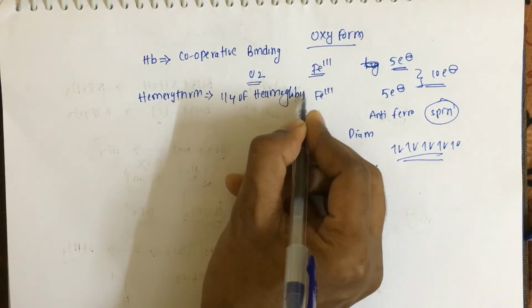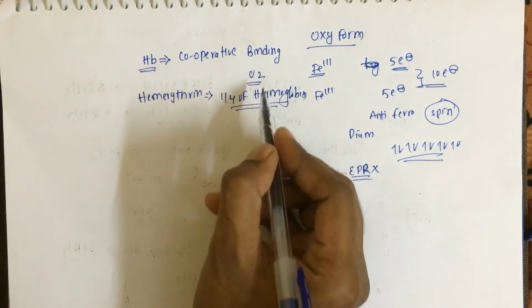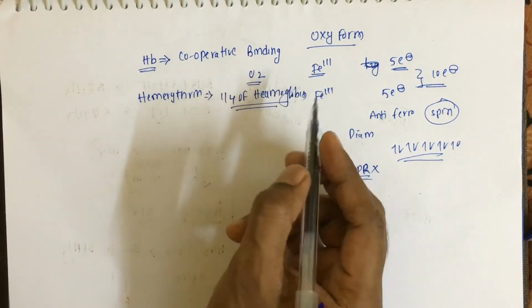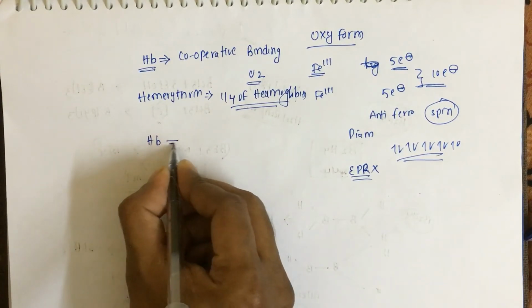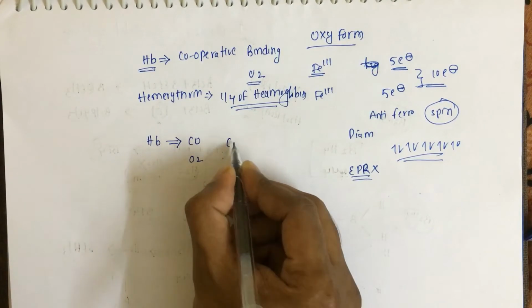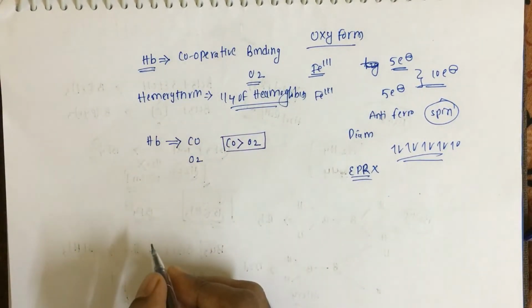The binding tendency will be 1/4 of hemoglobin. Hemoglobin shows cooperative binding of oxygen, but hemerythrin shows only 1/4 of hemoglobin's cooperative binding. And we know that hemoglobin binds very strongly to carbon monoxide compared to oxygen. So hemoglobin's binding capacity is greater for carbon monoxide compared to oxygen.